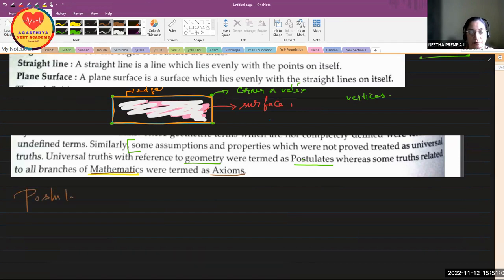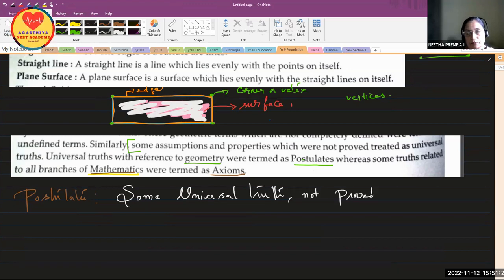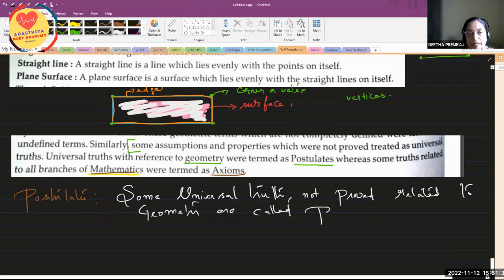Postulates. What is a postulate? Some universal truth that is just believed, not proved, related to geometry, is called a postulate.